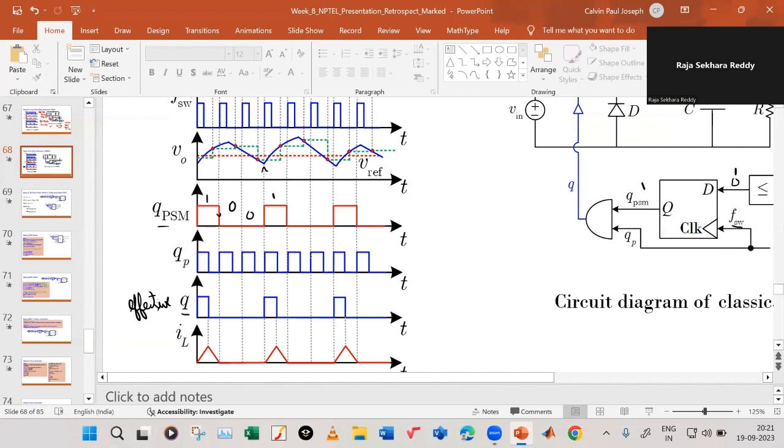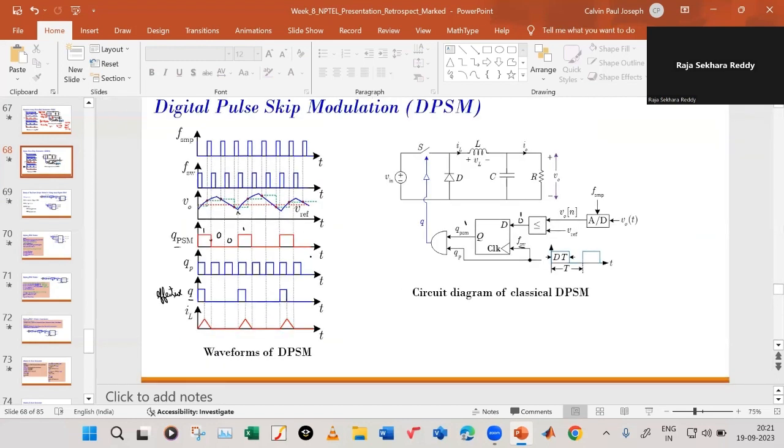Sir, here on the clock there is some triangle symbol, which means it is a negative edge trigger clock, right? In the D flip flop, beside the clock, there is some symbol like a triangle.